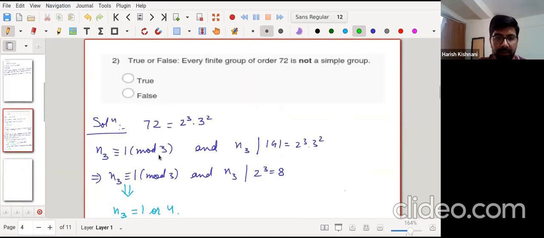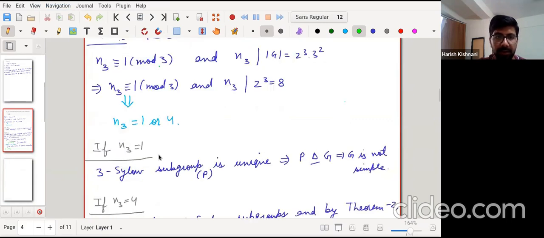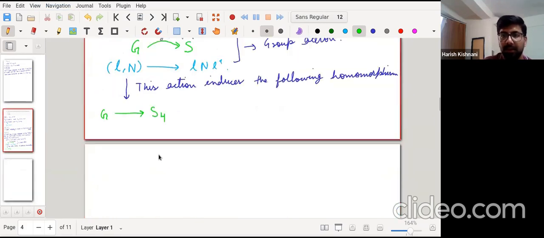If I want to elaborate a bit, I can say this is your homomorphism, say this phi. Phi is a homomorphism. So phi of g belongs to S4, right? So what does phi of g do?